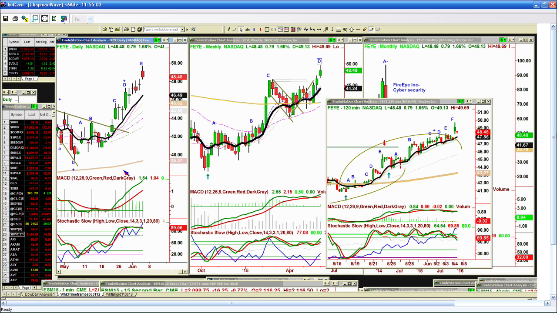Why? Because it's had a spectacular move. The candle that's just formed in the 120-minute chart suggests, yes, it could go a little bit higher. Maybe it could touch 50, but the chances of giving 2 to 3 points back are greater at this point, in my opinion.